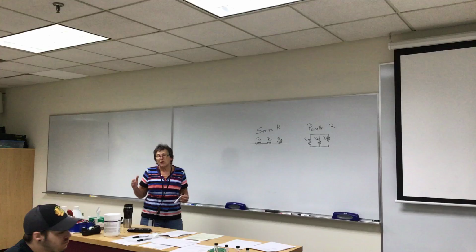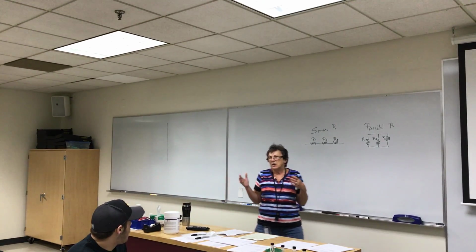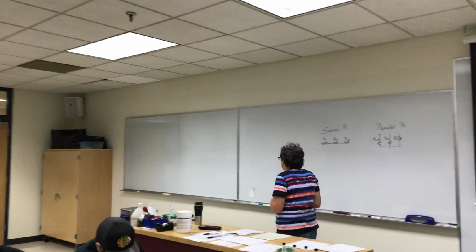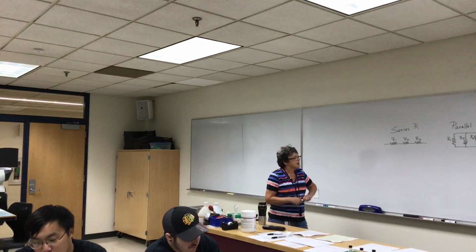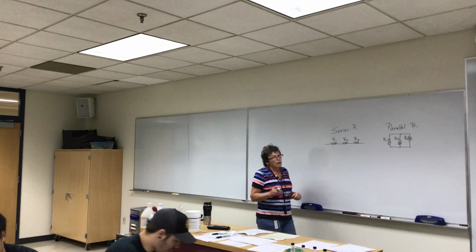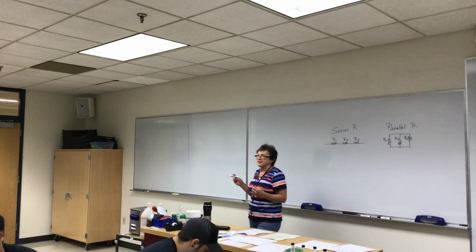We're starting to learn how to do circuit analysis with basic DC circuits, and we started with series resistors. If we have these 3 series resistors, how do we get our total resistance?